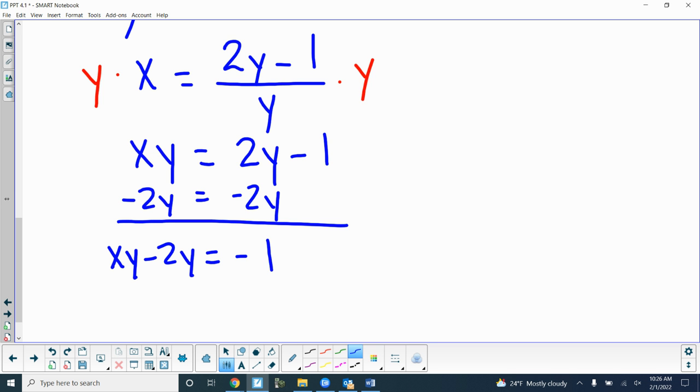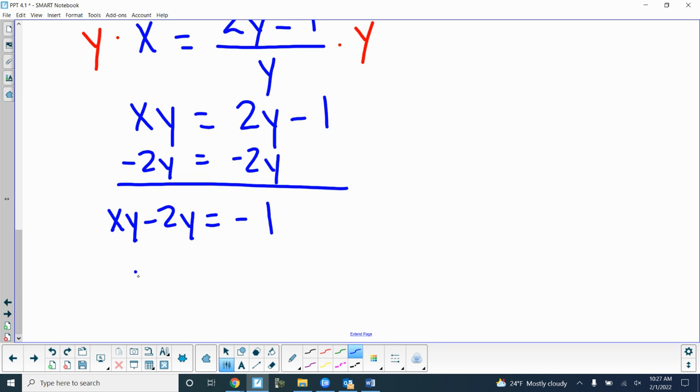This is the point where we get stuck. All right, so pay attention. Again, the goal is to get y by itself. We want it to be y equals, but we got 2 y's. When this situation happens, think of y as the GCF, because it's in both, right? So I pull the y out front.